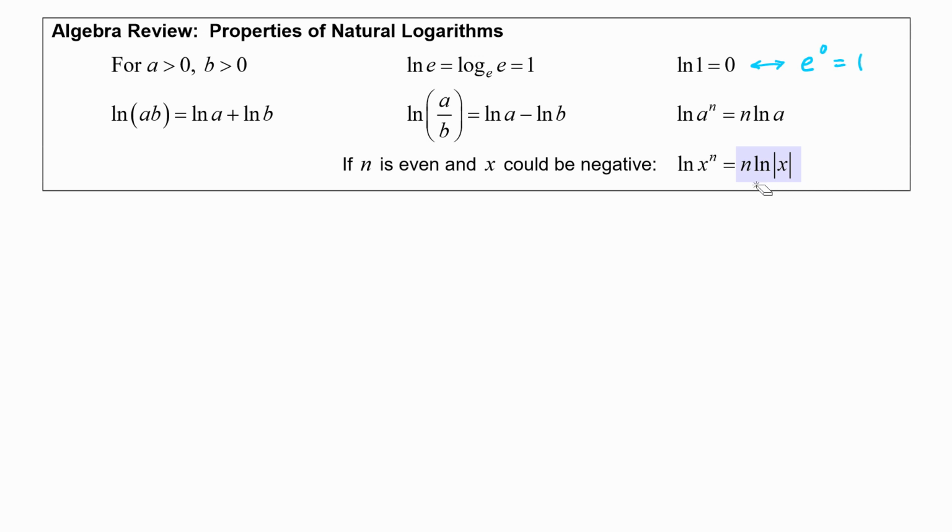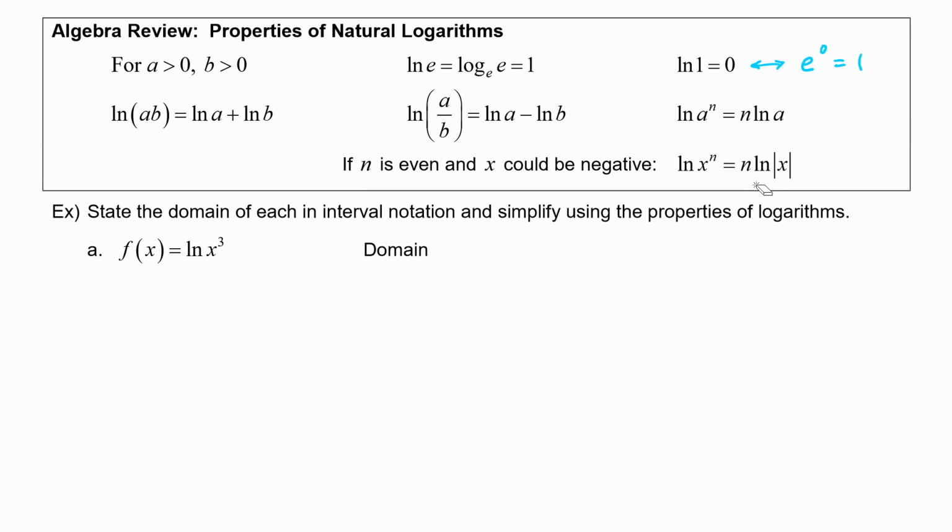In this example, we have to state the domain of each in interval notation and simplify using the properties of logarithms. In part A, we have f of x equals natural log of x cubed.